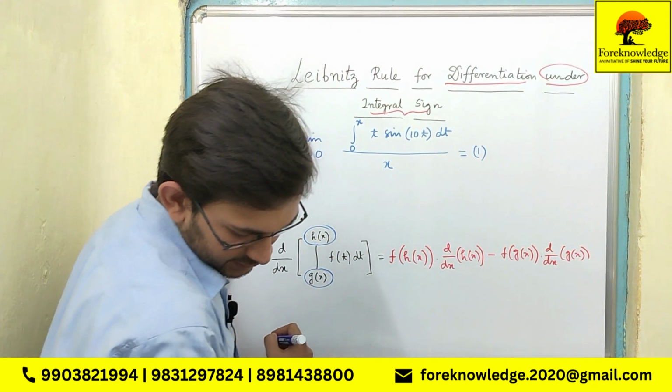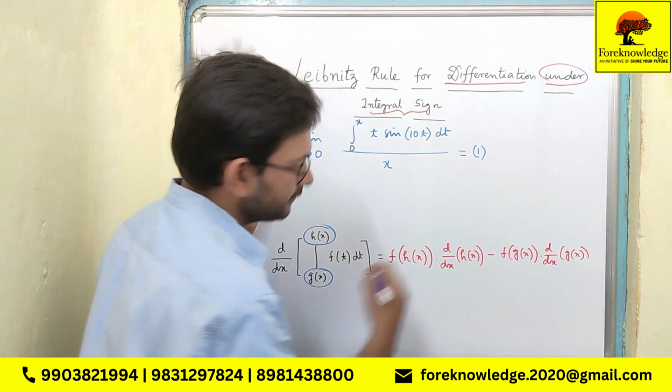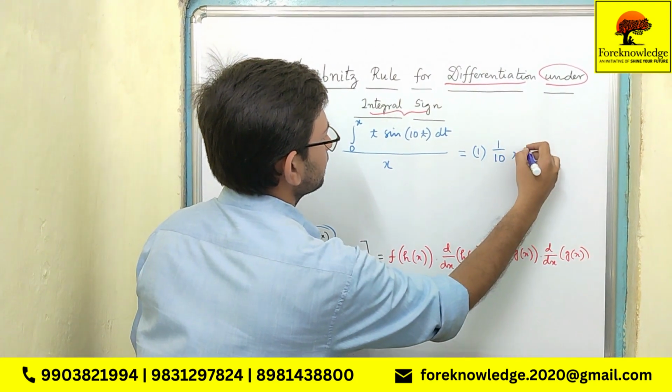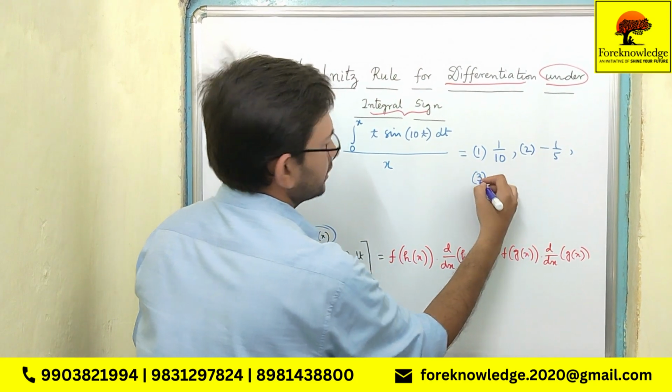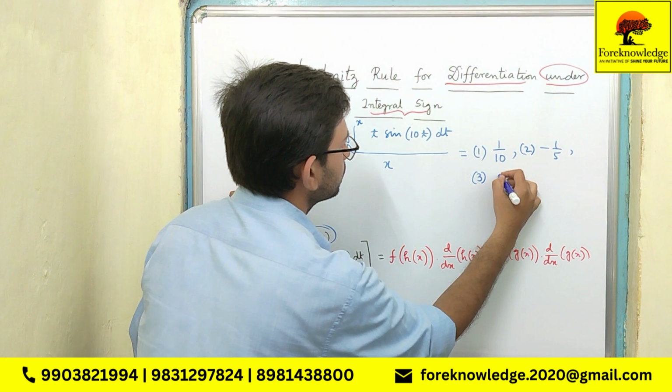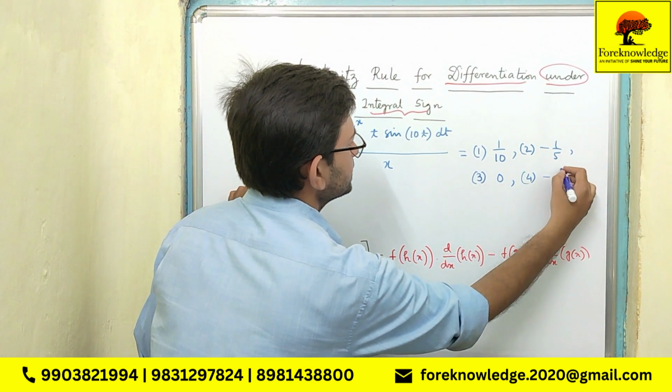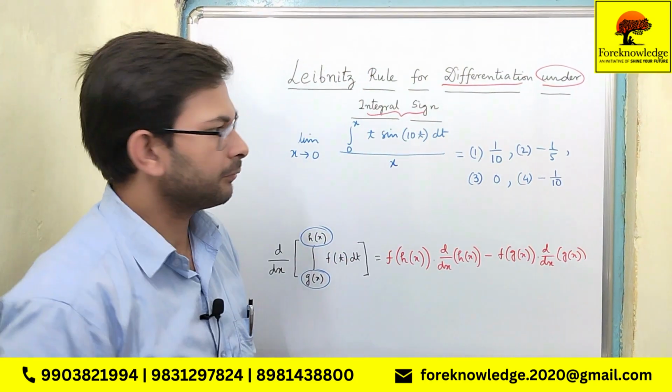Number 1, it is saying 1 by 10; second, 1 by 10 minus 1 by 5; that is 0, third option; and fourth option is minus 1 upon 10.